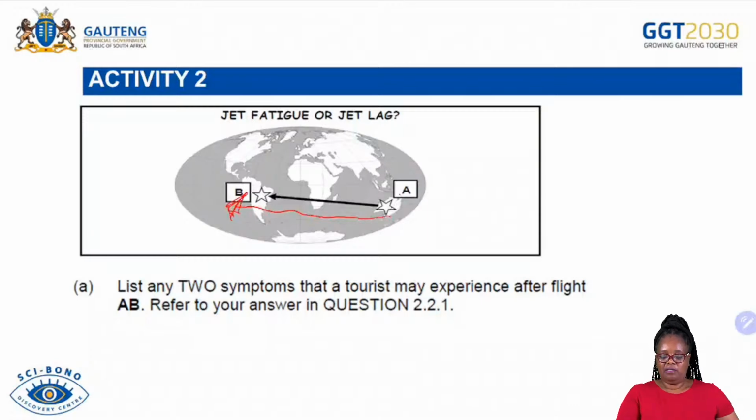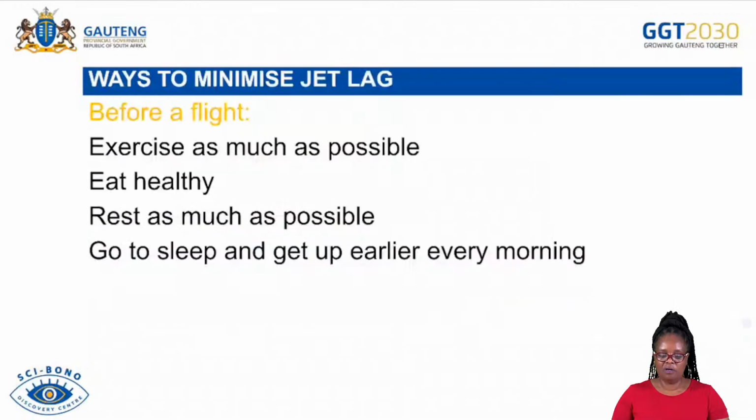We refer back to what we have talked about. You will feel tiredness, you will feel fatigue, you will have nausea, headaches, mood swings, everything that we have talked about. So please go through this.